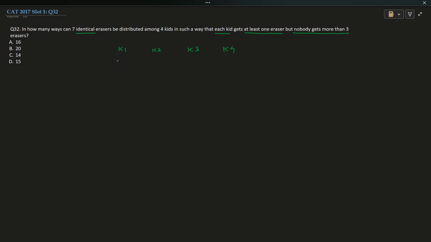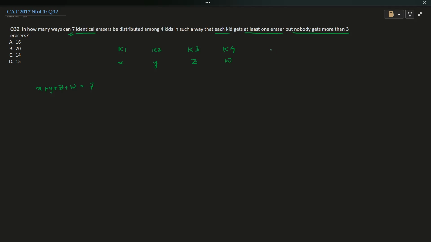That means what? Let's say kid 1 gets X number of erasers, kid 2 gets Y number of erasers, kid 3 gets Z number of erasers, kid 4 gets W number of erasers. So I can say X + Y + Z + W = 7, right? Because we have 7 only. And there are some conditions.